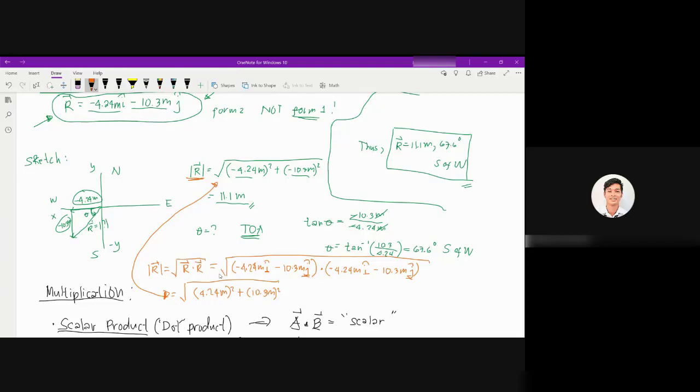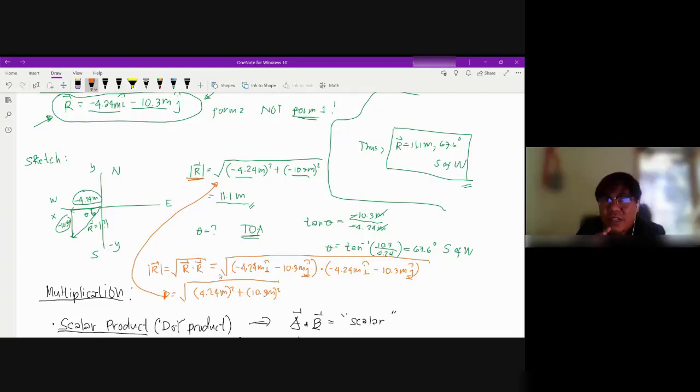So what I want to emphasize is that getting the magnitude of your vector can also be done using the scalar product. You multiply it by itself.